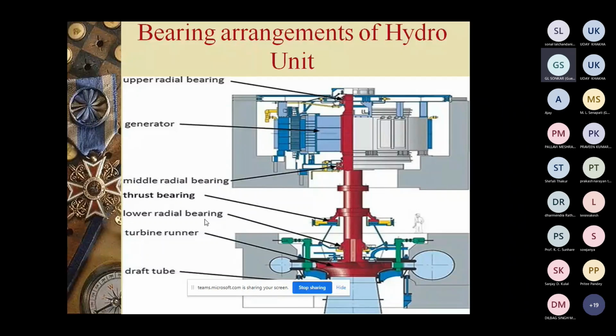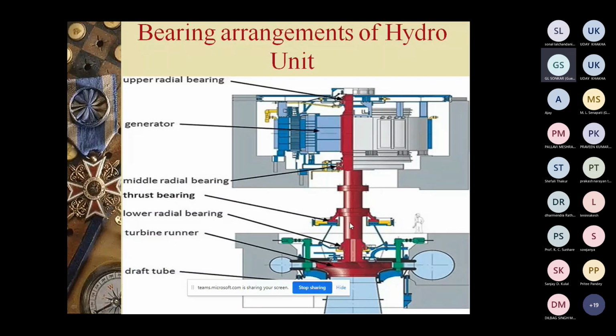Umbrella: you see, when you open an umbrella, the whole force is on the top. So if the thrust bearing is below the generator rotor, that is called your umbrella type machine. That means the weight of the whole machine is held in between the generator and turbine.